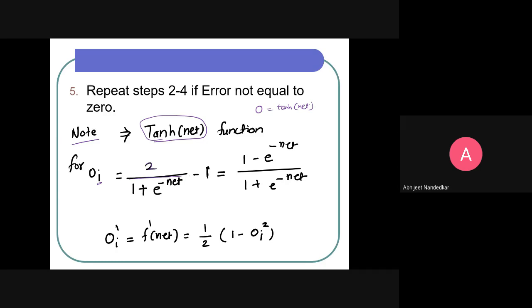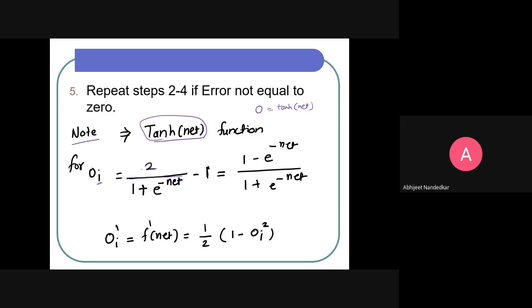So what it is doing, it is just multiplying your logistic function by 2 and subtracting 1 from it.